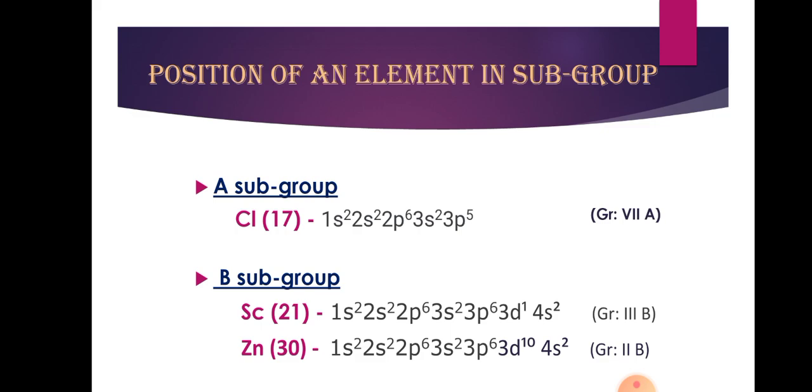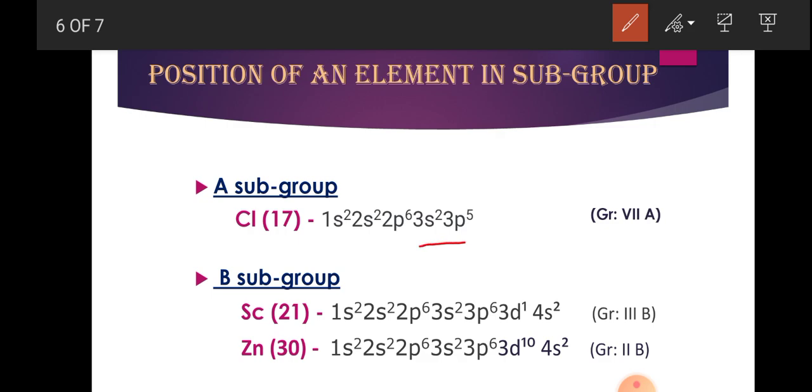So, chlorine is placed in subgroup A, and the group number of chlorine is 7A. That means chlorine belongs to subgroup A.